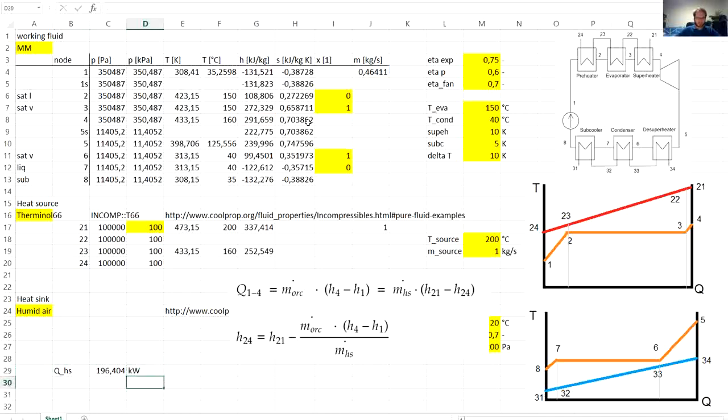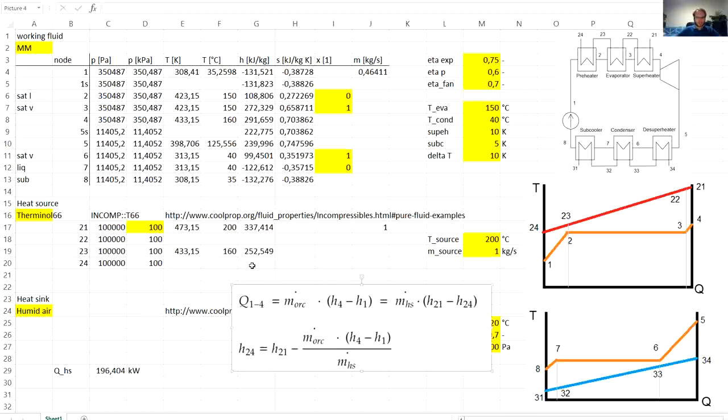The units are kilowatts. And now the enthalpy H24 is the enthalpy H21 minus this Q heat source or Q in, divided by the mass flow rate of the heat source, which is 1, and we get the outlet enthalpy 141 kilojoules per kilogram.